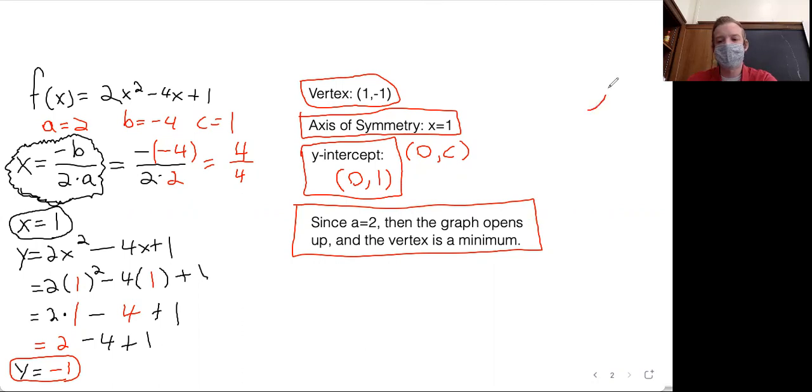If the graph opens up like this, then the vertex is down at the bottom, and we call that a minimum. If, on the other hand, the graph opens down, so A is negative, then the vertex is at the top, and we call that a maximum right there.